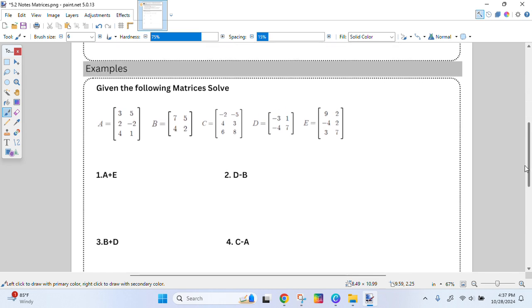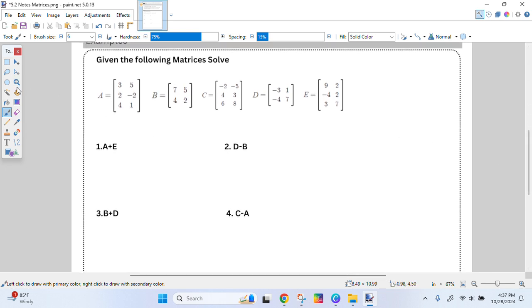So if we look at some examples, you'll notice here I have a set of matrices, and typically it's written as one matrix being added or subtracted with another. In this case, number 1 is asking us for A plus E. If I double check, A is a 3 by 2 because it has 3 rows and 2 columns, and E is also a 3 by 2.